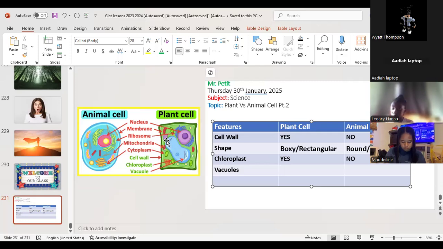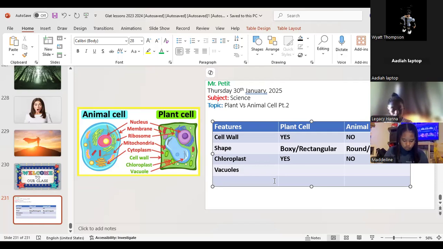The vacuole is a storage place, right? So this one large thing right here, this is the vacuole. The plant cell has only one large vacuole, but the animal cell has many small vacuoles.